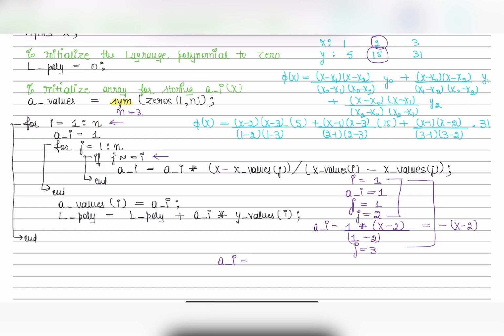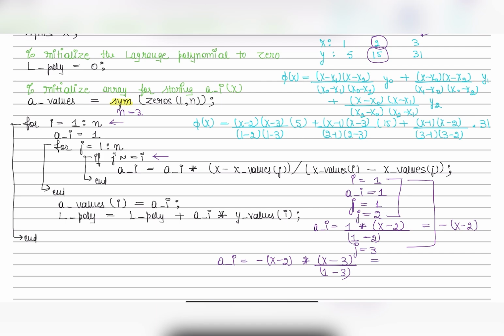The current value of a_i is minus of x minus 2 and it will be further multiplied by x minus x values at j, and the value of j is 3. So we are at this point. It will be x minus 3 whole divided by x value at i, which is 1 minus 3 again.